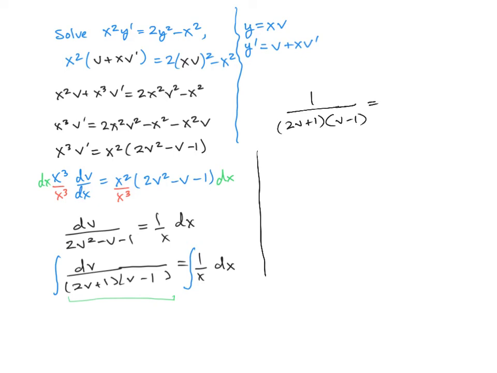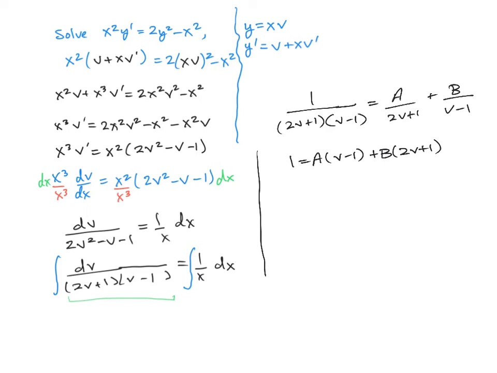And again, that's equal to a partial fraction decomposition. Since they're both linear factors to the first power, that's A over 2v plus 1 plus B over v minus 1. And now we multiply through by the LCD. So we've got 1 is equal to A times v minus 1 plus B times 2v plus 1.